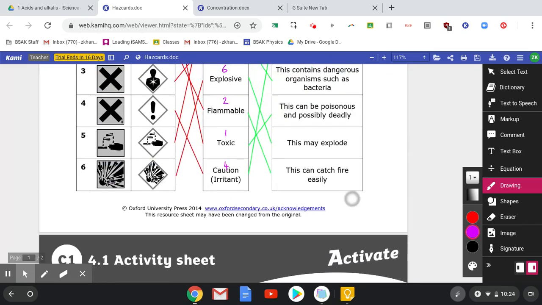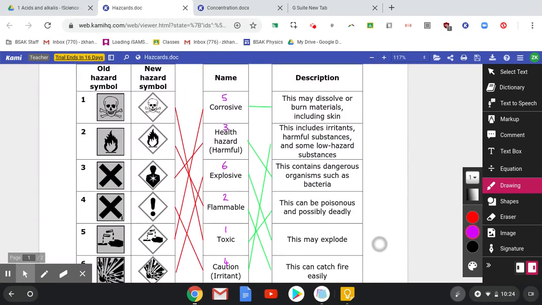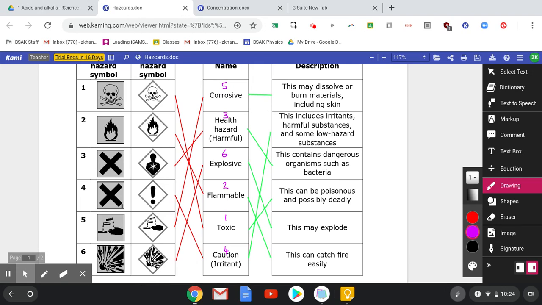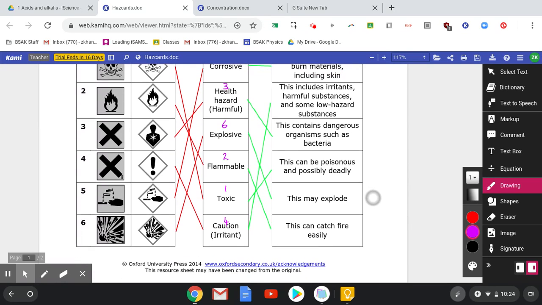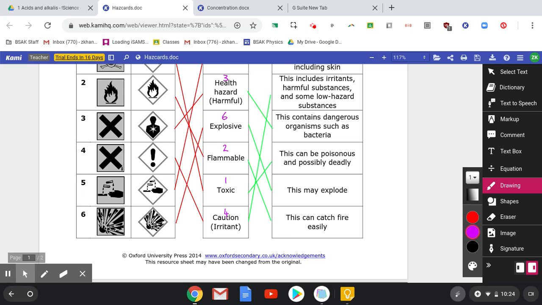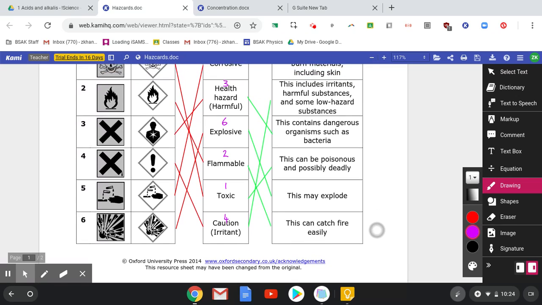Now we can go back to remind ourselves what corrosive was. So this may dissolve or burn materials, including skin. So that's your skin that could be damaged. Also, it could burn materials such as your books that are on the table when you're using this.